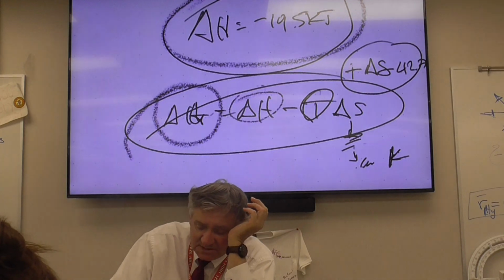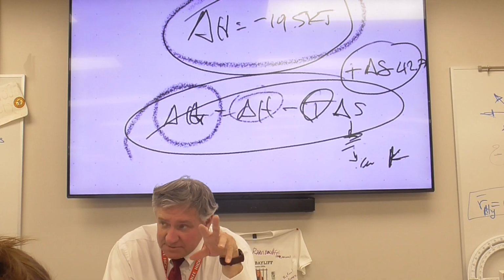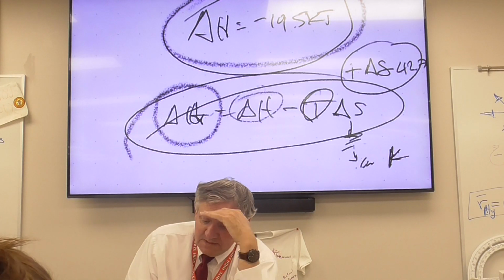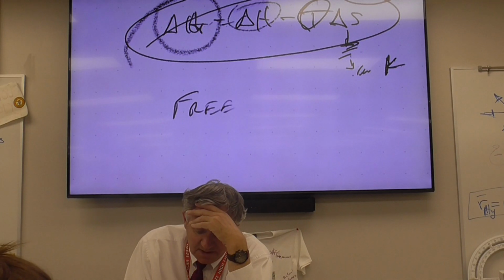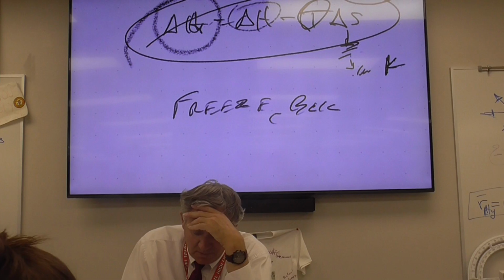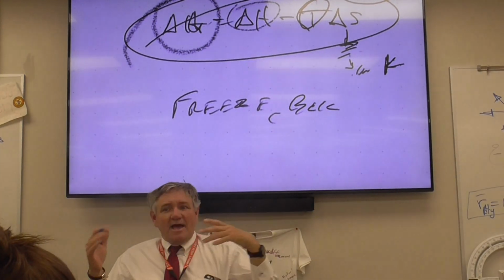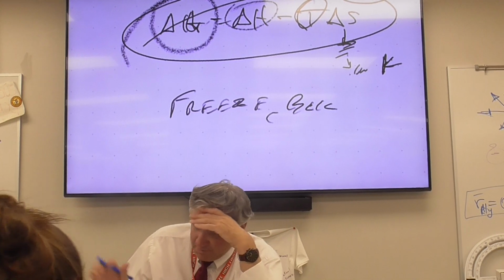So as soon as you see something freezes or boils, that means that it's temperature dependent. So part of this code is, if you see the word freeze, if you see the word boil, if you see the word condense at a specific temperature, that means it's temperature critical.